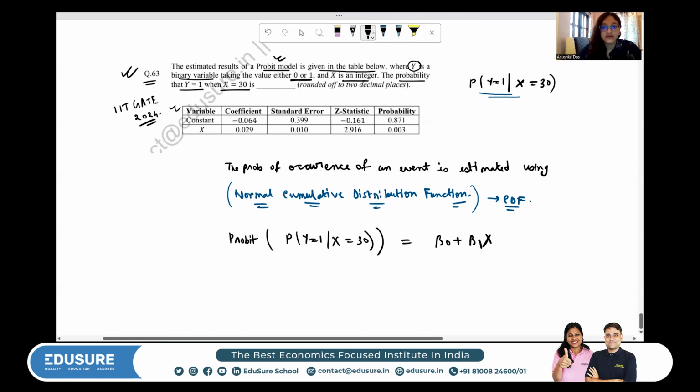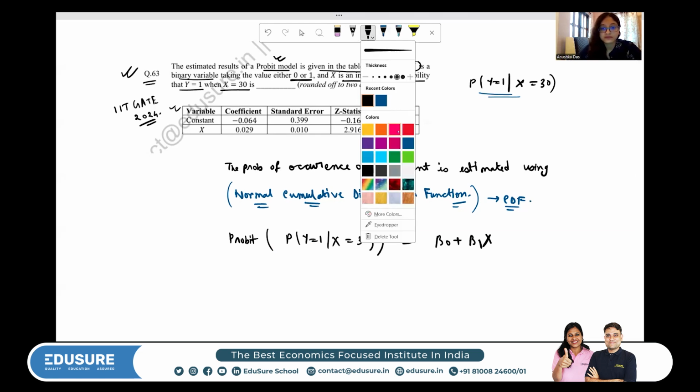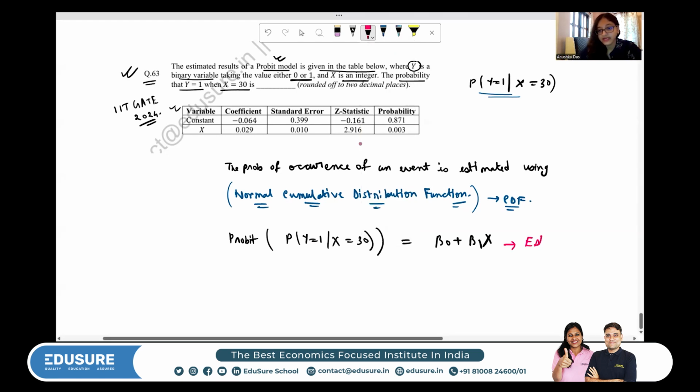So this is your estimated regression model, right? We are just assuming that this is the form of your model, beta naught plus beta 1 x. Now from the table, you know what beta naught cap and beta 1 cap are.